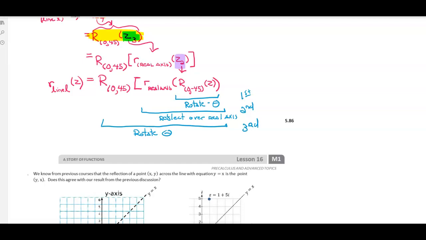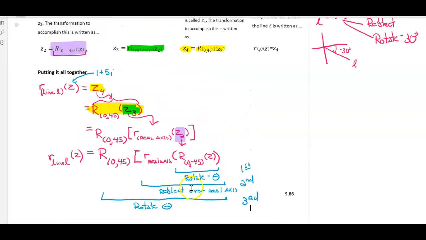This is a composite function right here. And when you're evaluating a composite function, you start with the innermost function and you work your way out. Okay, this is the innermost function. You do that. This is the next function. You do that. And then this was the third function. You do that last.